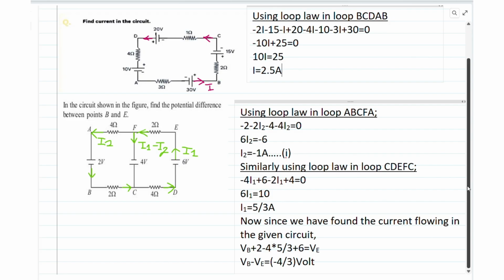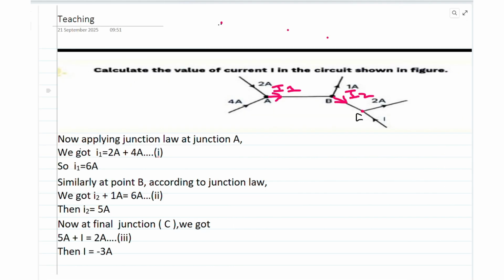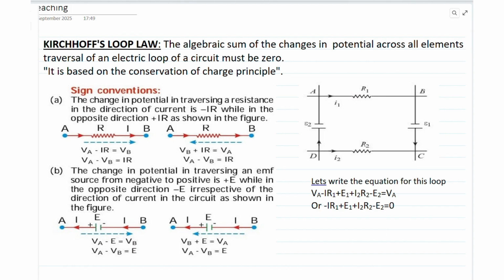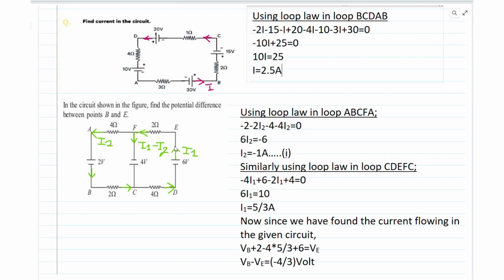But still, as we have discussed back in point 2 of our sign convention, irrespective of the direction of traversal of current, we're going to assume the potential gain. So here there's a loss of minus 4 volt, and then again minus 4 I2 loss in potential, and we'll equate it with 0.